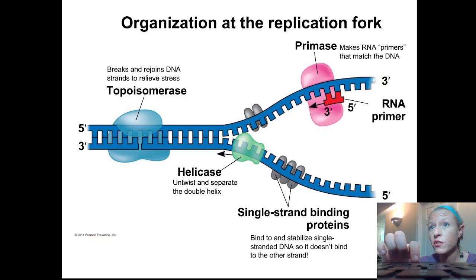You have primase, which is going to be adding your RNA primers in the 5' to 3' direction. So for the 5' to 3' strand, this is all well and good, and that's going to be the leading or continuous strand.